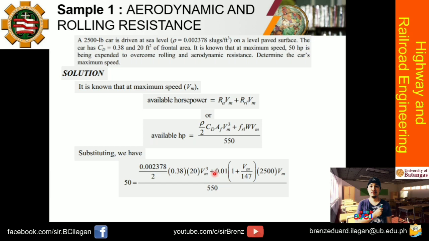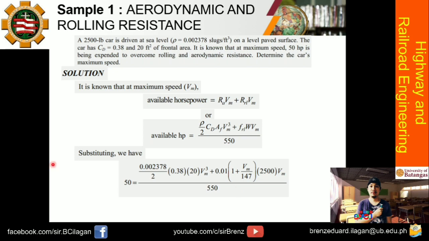And then plus 0.01 times 1 plus V sub M over 147, multiplied by 2,500 times V sub M, all over 550.